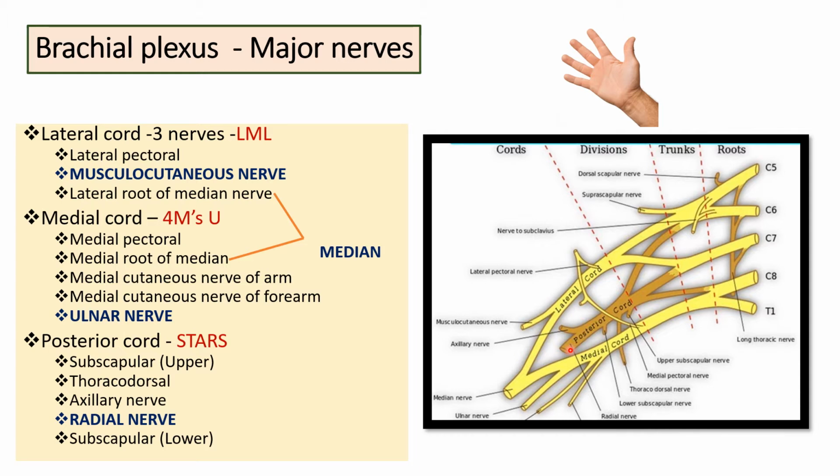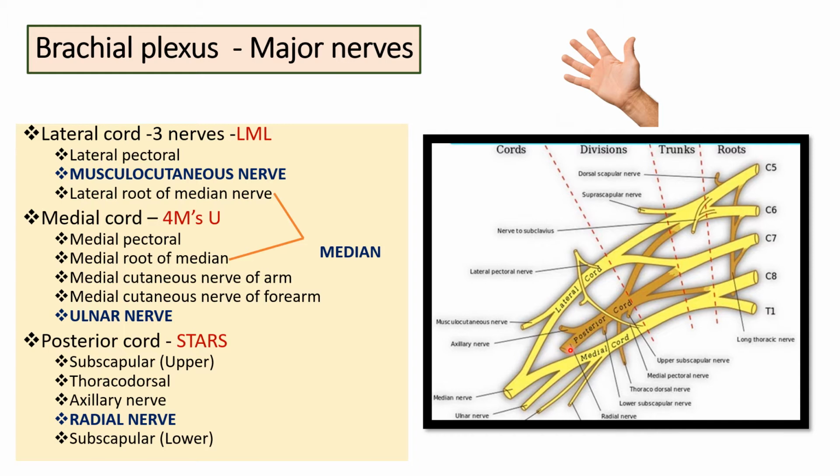This is a thumb rule which you can remember. Whereas the branches coming from the posterior cord, formed by the posterior divisions, will supply the dorsal aspect of the limb. This is another point which you have to remember.